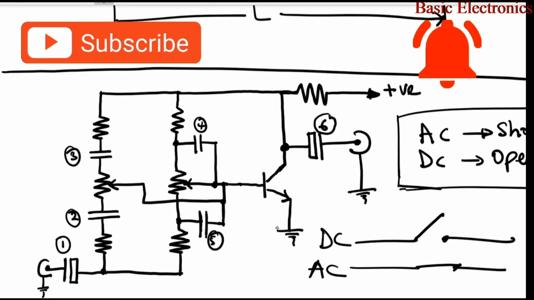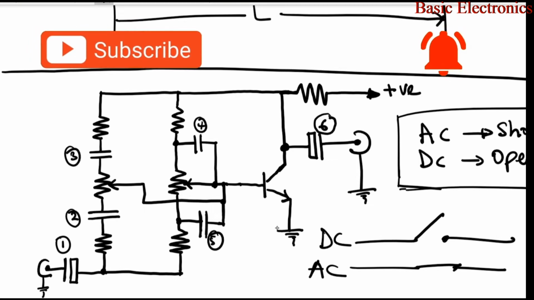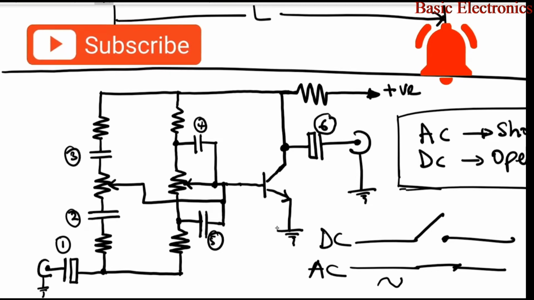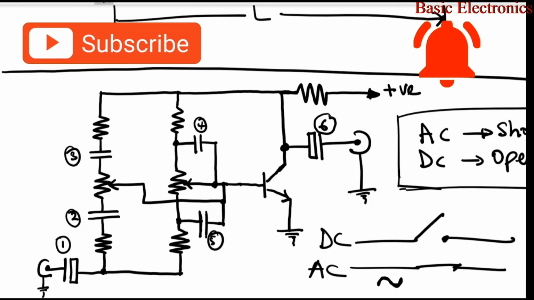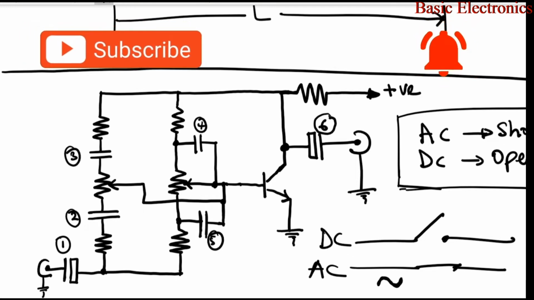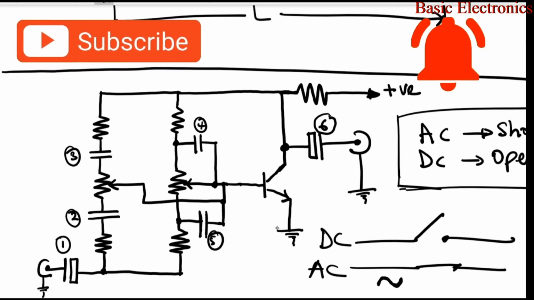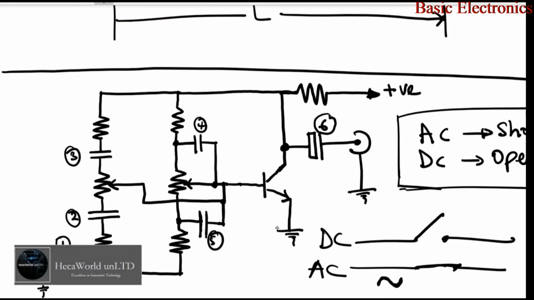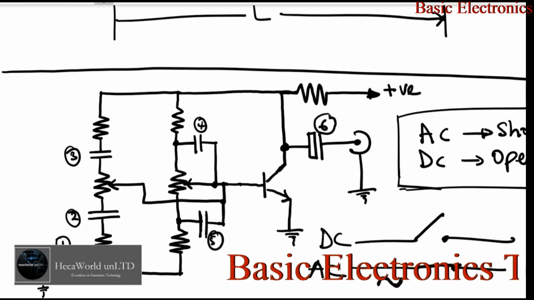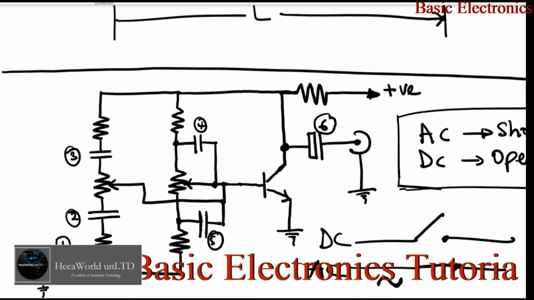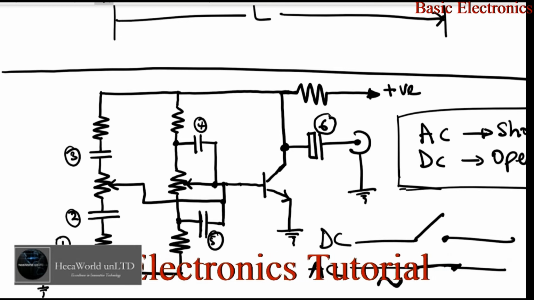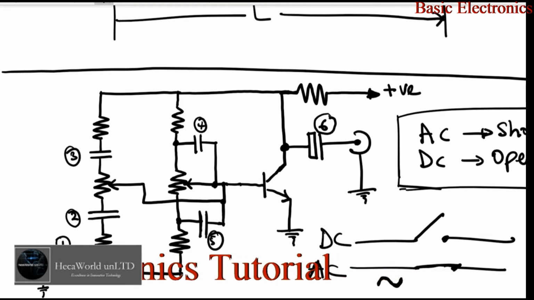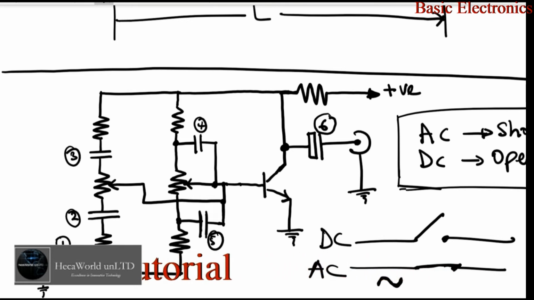But for an AC circuit, it's always closed, and we know why, because the AC signal is constantly changing in amplitude and direction, and that will keep charging and discharging the capacitor, and that momentary short for a DC is actually perpetuated, right? So these capacitors 1 and 6 help to couple the pre-amplifier to the tone circuit and the signal from the tone circuit to the power amplifier, right?